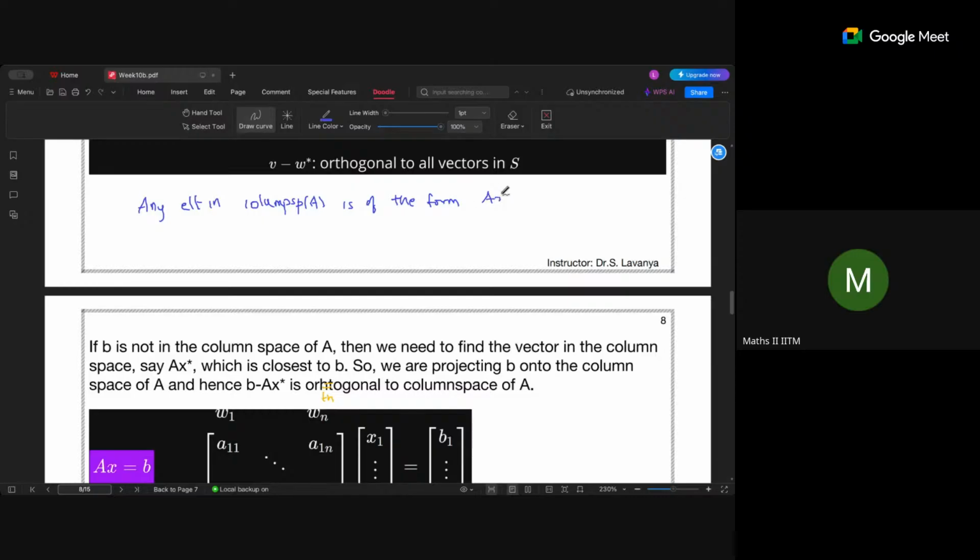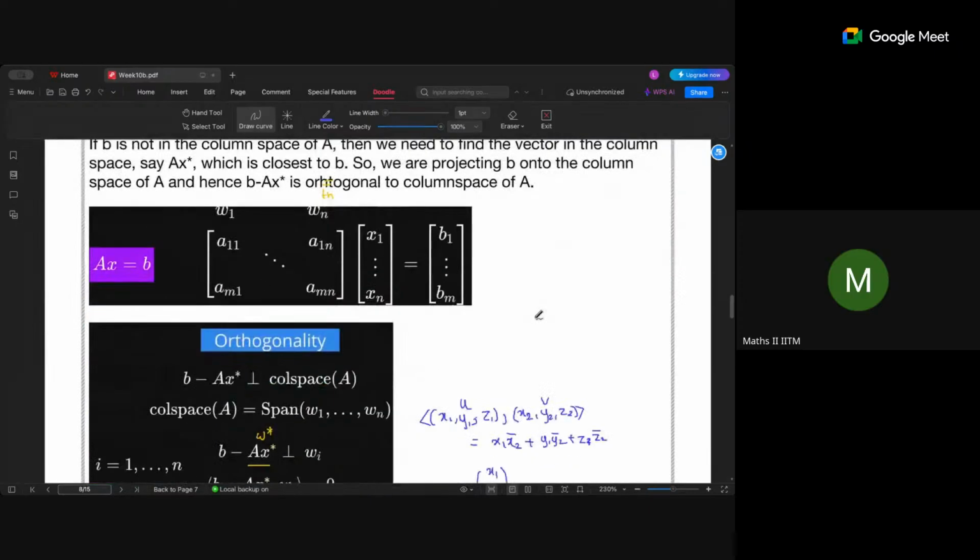Now W star belongs to the column space of A, so there exists X star in Fn such that Ax star equals W star, correct? So instead of W star, we can represent the answer in terms of X star also.